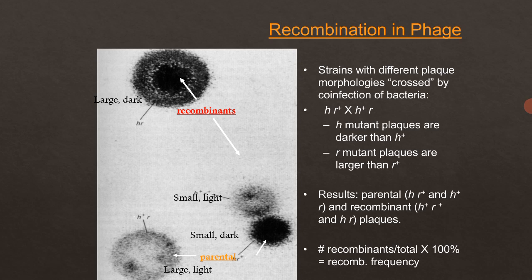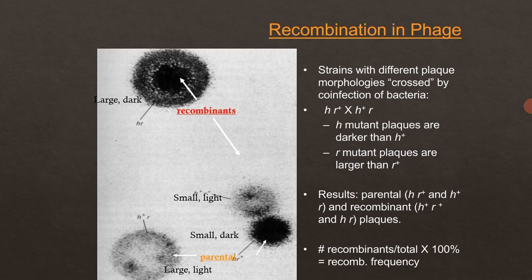Now you can see here the strains with different plaque morphologies were crossed by co-infection of the bacteria, okay. Now in this case, the wild types, that is the parental types, are the HR plus and the H plus R. H indicates mutant plaques. The H mutant plaques are darker than the H plus.